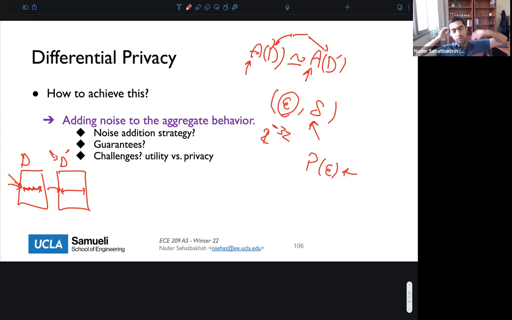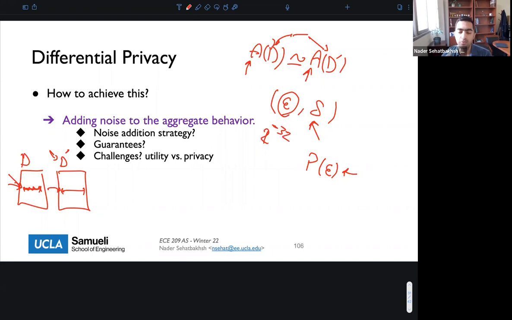Just to give you intuition, the idea is we want to publish the data set and we want to do some statistical analysis on it. Instead of publishing the raw data set, we add noise, using a differential privacy algorithm to do that, and publish this noisy data set.